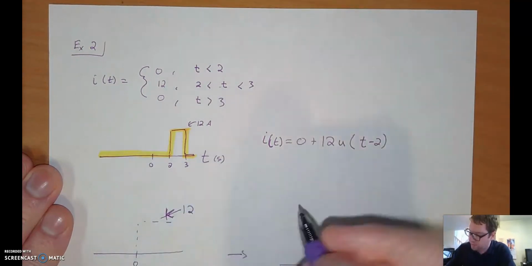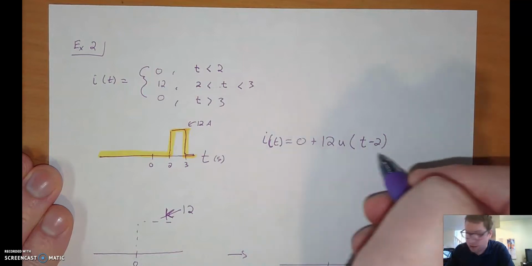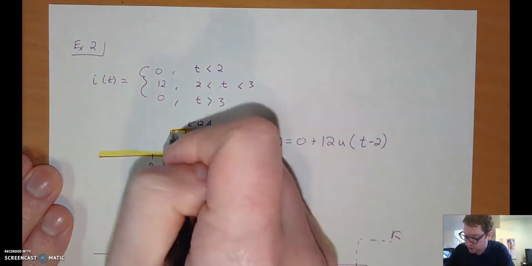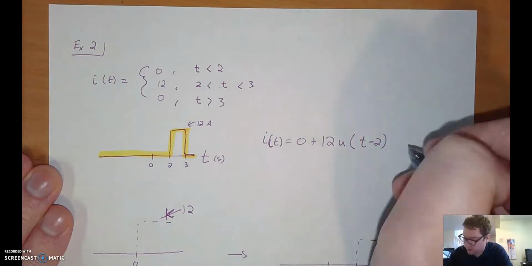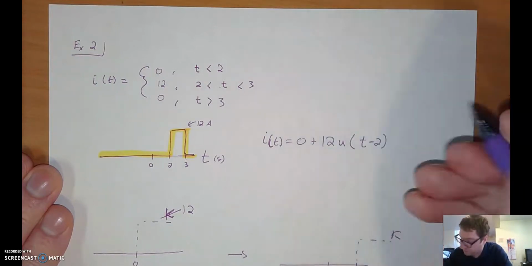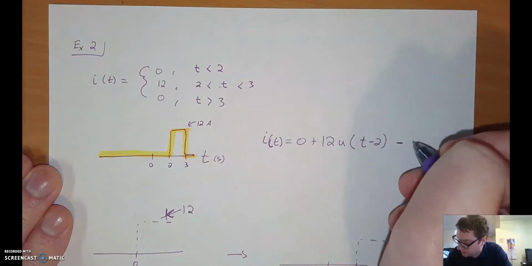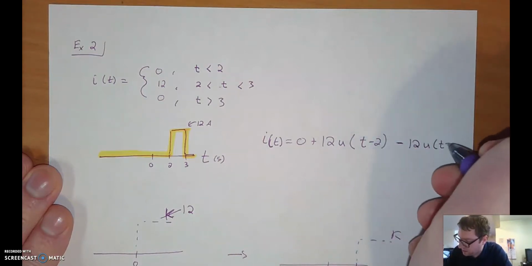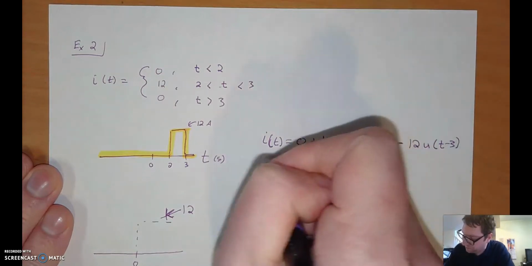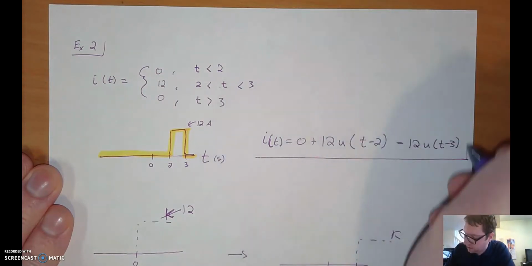And so now, if I evaluate this whole thing, I'm at 12. So I'm up here at 12, and I want to turn it off. We're not going to say plus 12 minus because we're already at 12. So then we're just going to subtract 12 u of t minus 3 when we get to 3 seconds. So that is your answer.